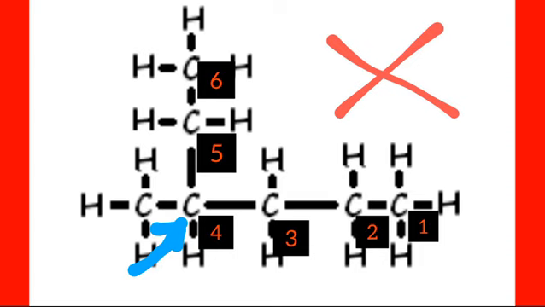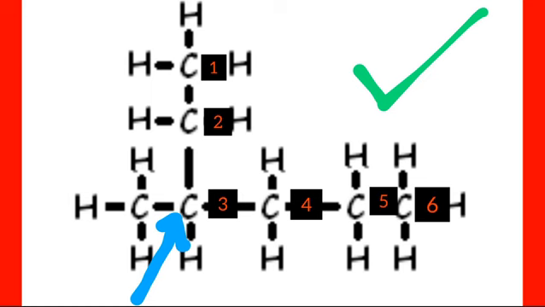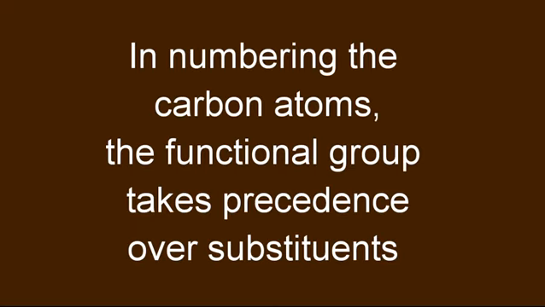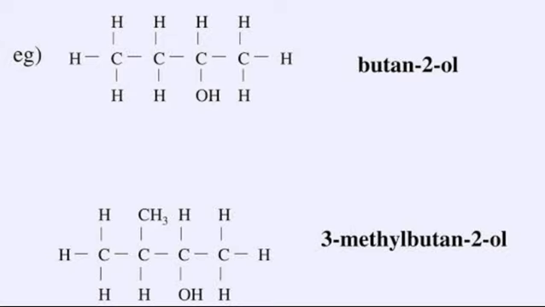You have to check the one that will give your substituent the lowest possible number. That is the correct direction for numbering. Now, if you have a functional group and a substituent, you must number the carbon atoms with respect to the functional group, not the substituent. It has to be with respect to the functional group.